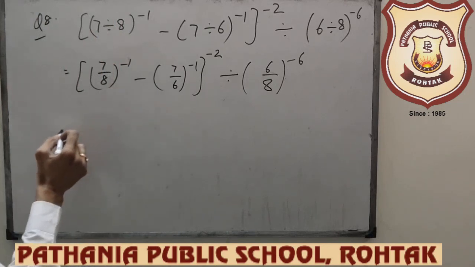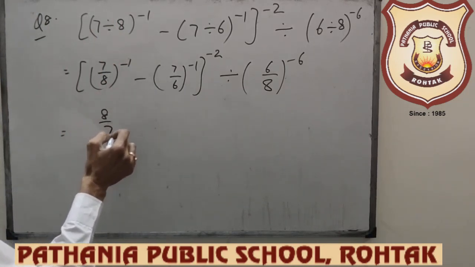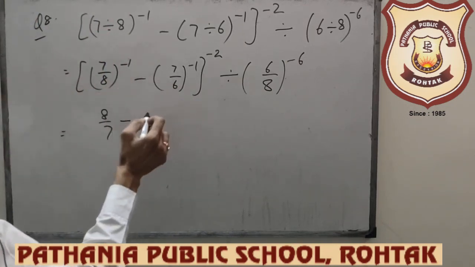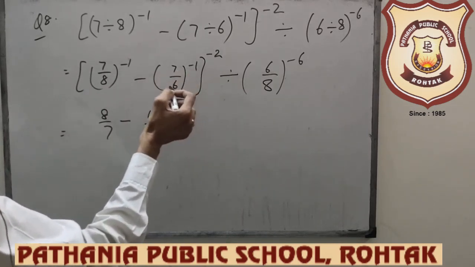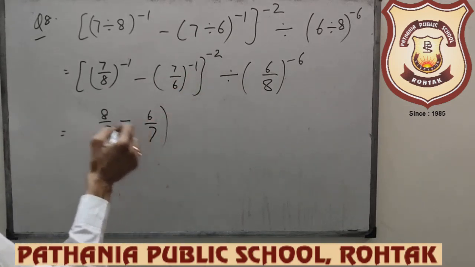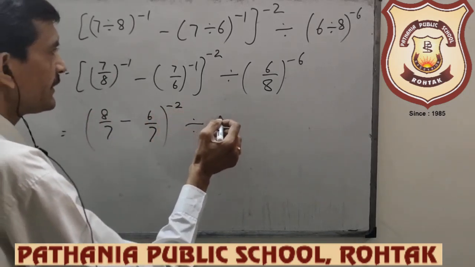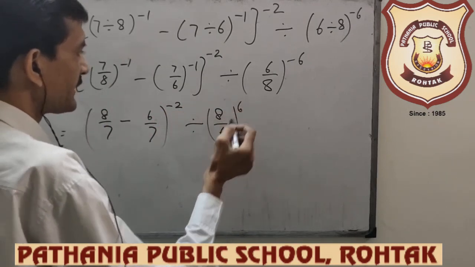Now get the reciprocal of this. 7 by 8 raised to the power minus 1 is 8 by 7 minus 6 by 7, because minus 1 power means take the multiplicative inverse. Whole raised to the power minus 2 divided by 8 by 6 whole raised to the power 6.